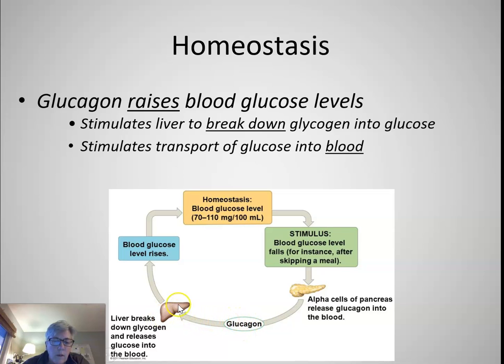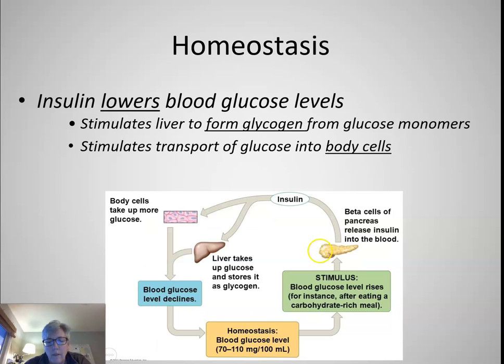It goes to the liver, and it tells the liver to break down glycogen, which is the polymer of glucose, to release some glucose into the blood. Our blood glucose levels go up, and homeostasis is once again maintained. So glucagon is the hormone that gets turned on or released when we have not eaten.